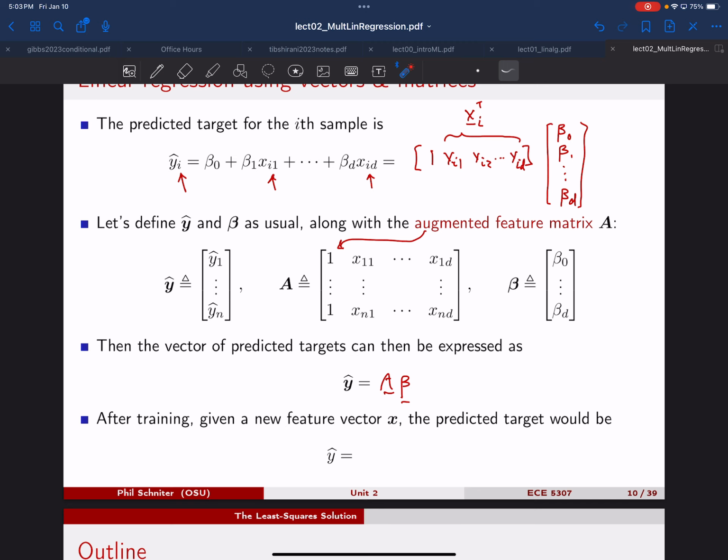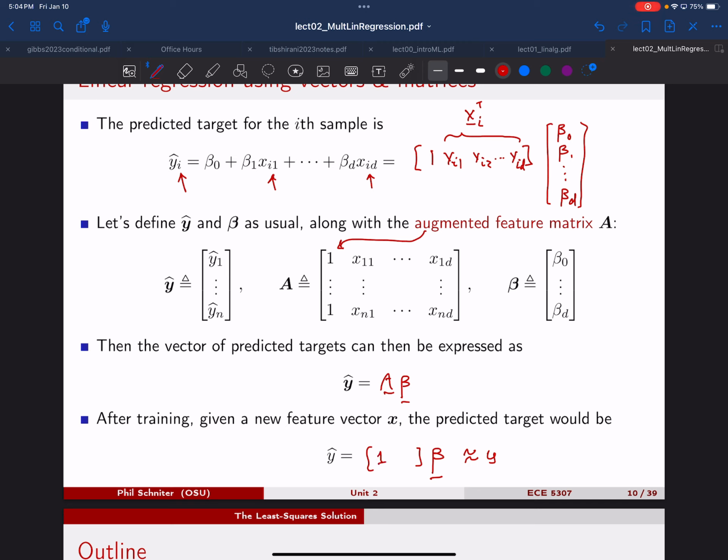Does anybody see how I can write something here times beta that involves x to get me what's approximately the target y that corresponds to x? How do I fill in this part? It would be a row vector, but 1 and then x transpose.